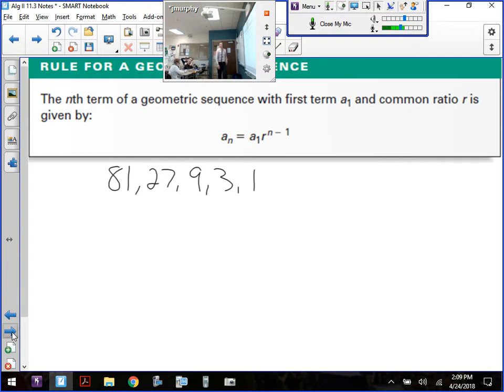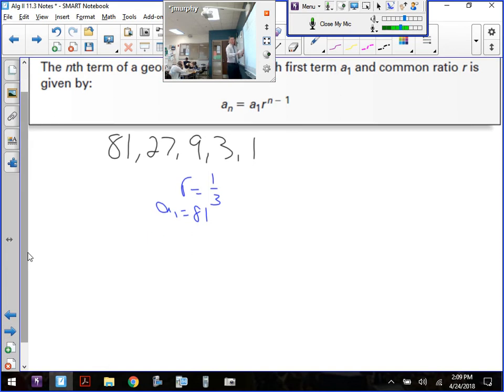So if I write this one out like we just did, we knew that our rate was 1/3. Our first term is 81. And your nth term rule is something real simple: 81 times 1/3 to the n minus 1.